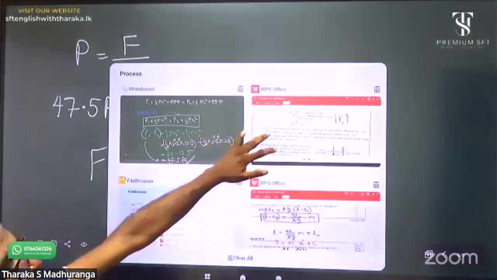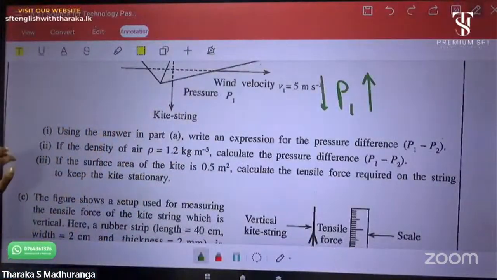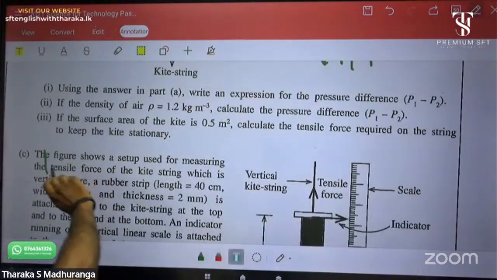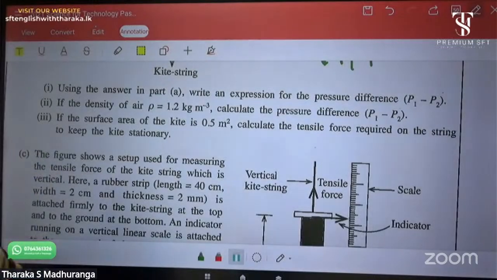The pressure difference is given, then P equal F over A. Pressure is force per unit cross section area. Okay, part C is very simple.